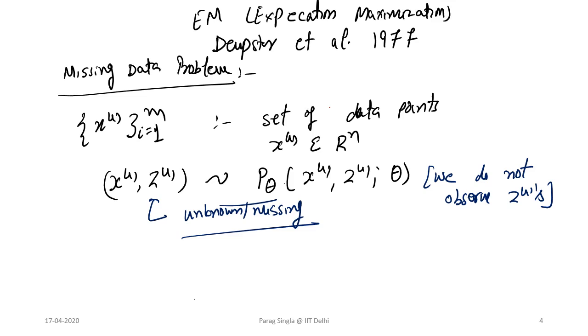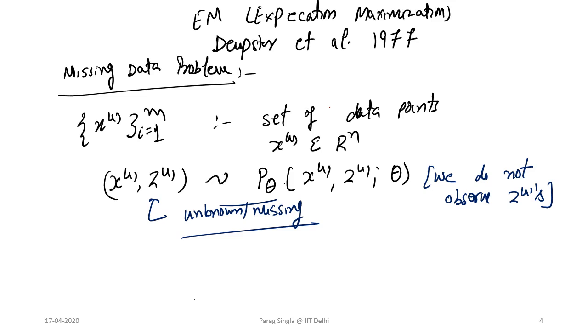In general, different kinds of information could be missing for different data points. We have seen the case of GMM where the class labels are missing and we are only given the points, but you could generalize this formulation where different kinds of information are missing for each point. Let's not worry about that at this juncture.